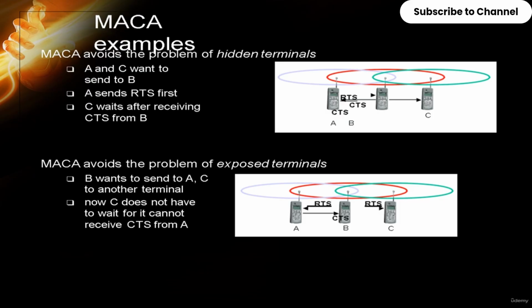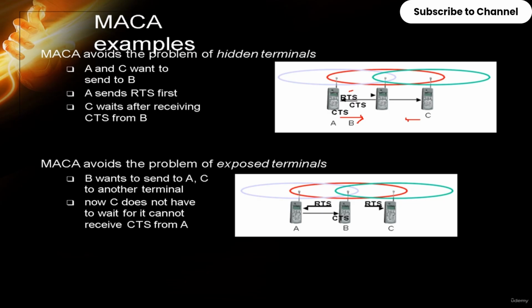Here A and C want to send data to B. A wants to send data to B, and similarly C also wants to send data to B. Initially A sends the message RTS, request to send. Then C waits until it receives CTS from B, clear to send, so no collision will occur.